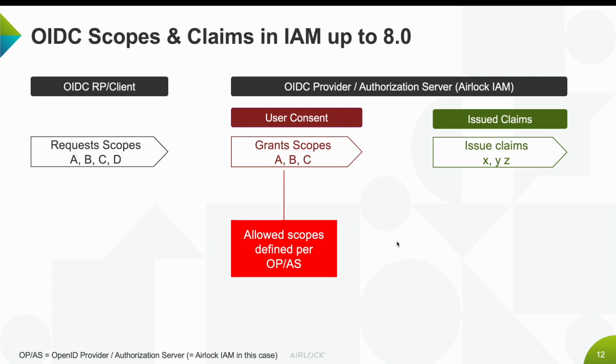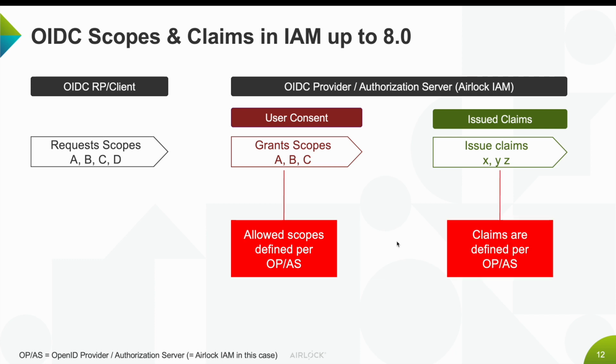So in 8.0 or up to 8.0, the scopes that are allowed to request are defined per authorization server. So you could not define it differently for each client. It's just per authorization server. And also the claims, the issued claims are basically a fixed configured list.